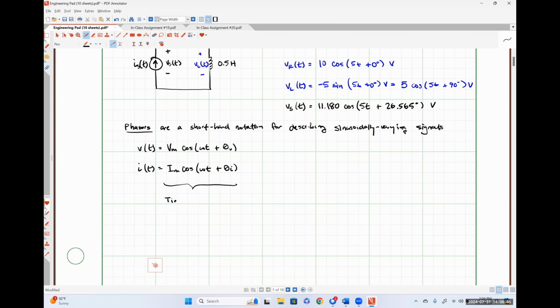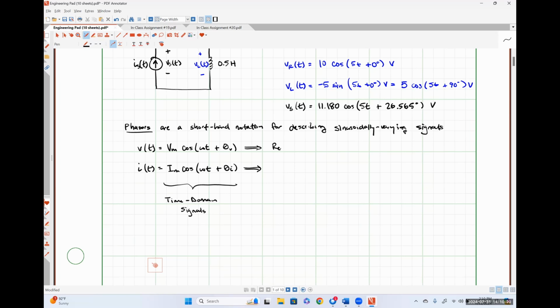So let's just make a note here. Time domain signals. Well, I showed in our last class meeting that these time domain signals were just the real part of a complex signal, right?